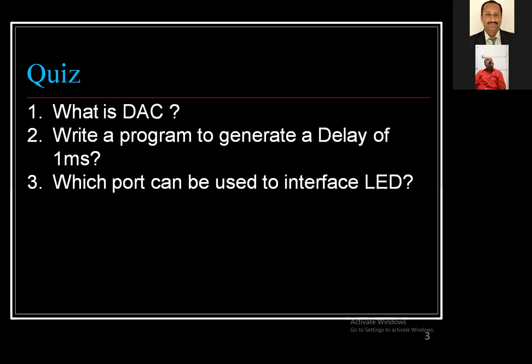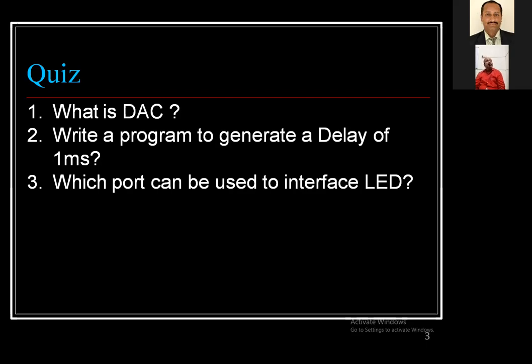As we have seen in the third unit, a timer is used for generating a 10 millisecond delay. Here I asked you to generate a delay of 1 millisecond. The simplest code I have written for you, so that you can use it anywhere in an 8051 assembly program.